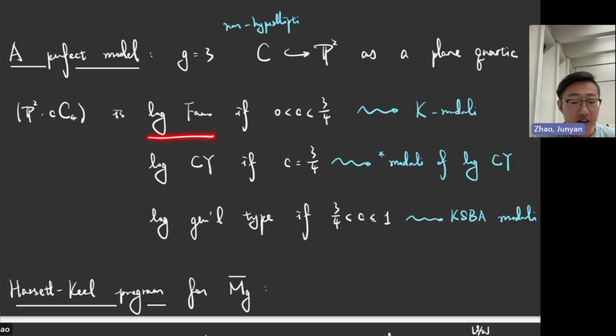This is a log Fano pair if c is between 0 and 3/4, log Calabi-Yau if c is equal to 3/4, and of log general type if c is between 3/4 and 1. In the log Fano case, we have the K-moduli space to parameterize such pairs, and for the log general type case, we have the KSB moduli developed by Kollár, Shepherd-Barron, and Alexeev.